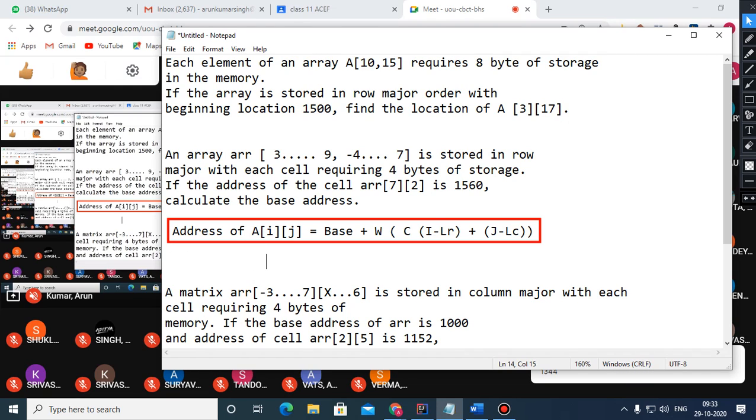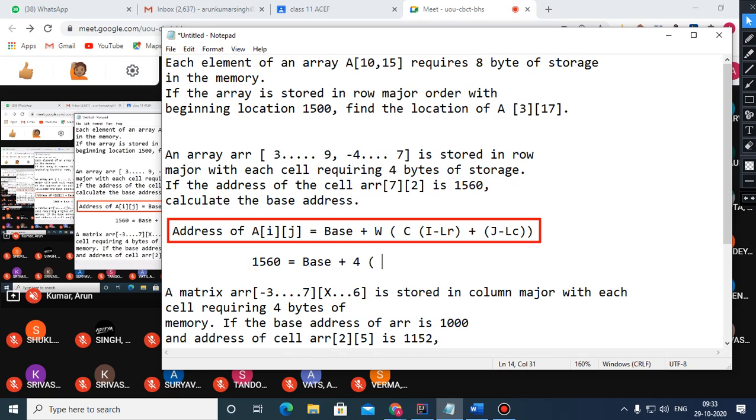So children, here the address of A of ij is already given, which is 1560, and the base address you have to calculate. The word length is given as 4 bytes.